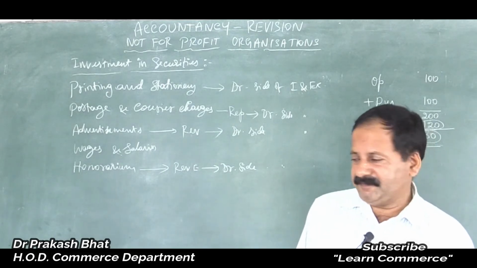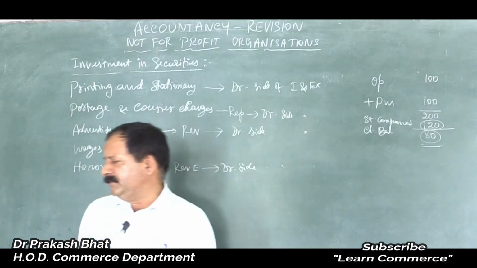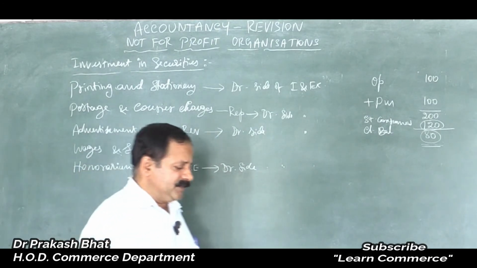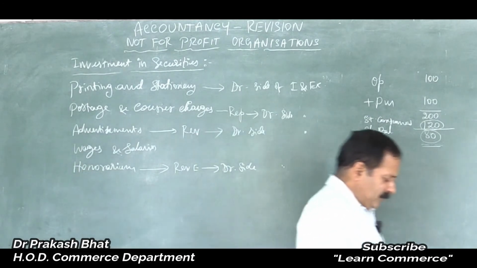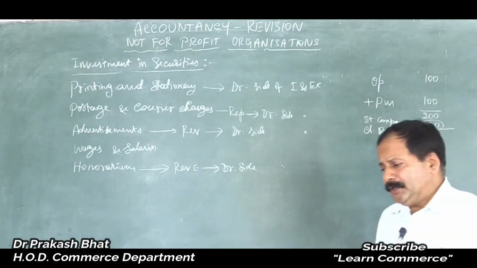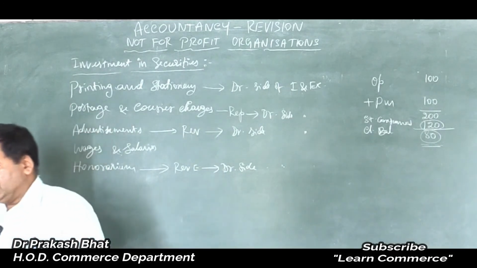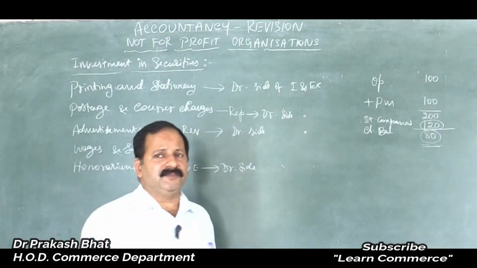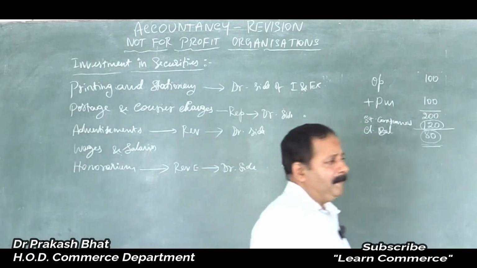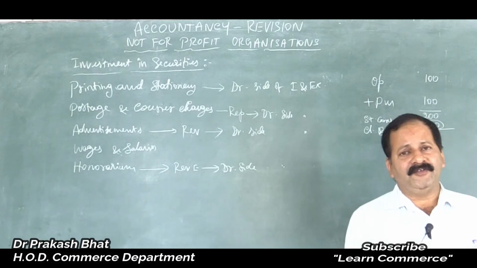Audit fees. Audit may be conducted maybe once in 3 months, or once in 6 months, or maybe once in a year, isn't it? But it is frequent. Every time we have to conduct the audit, we have to do the audit of our books of accounts. So for that we have to pay some charges. Audit fees should be paid to the accountant, isn't it?